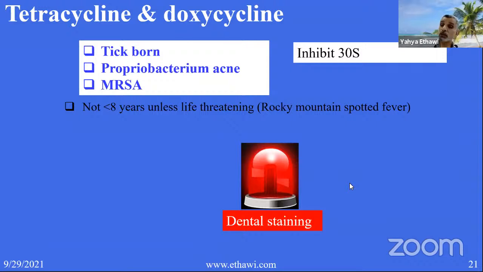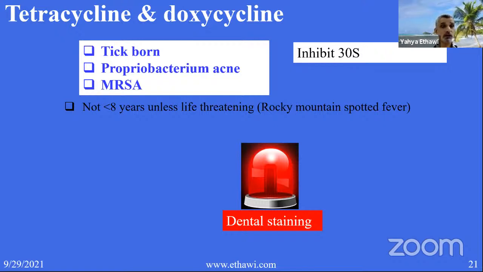Tetracycline and doxycycline inhibit the 30S subunit of the ribosome, so they inhibit protein synthesis. They're very good for tick-borne infection, for Propionibacterium causing acne, and for MRSA.